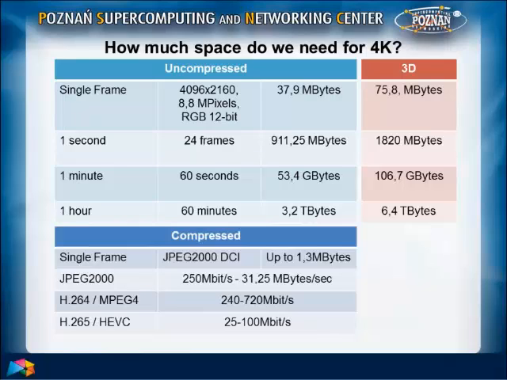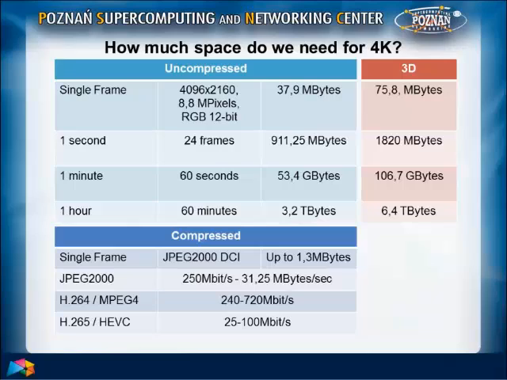So we usually use JPEG 2000 for digital cinema or for specialized appliances. But there is also H.264, which is MPEG-4, and the standards say it's about 200 to 700 megabits per second for 4K.